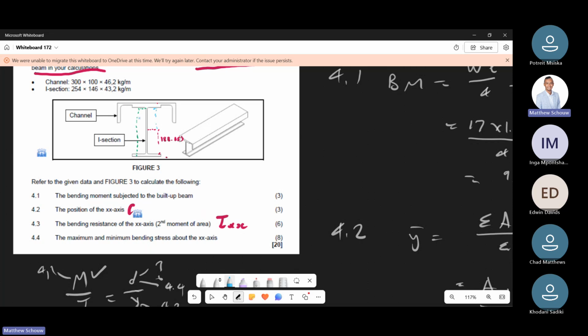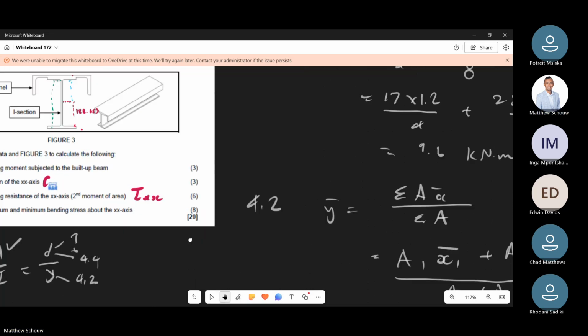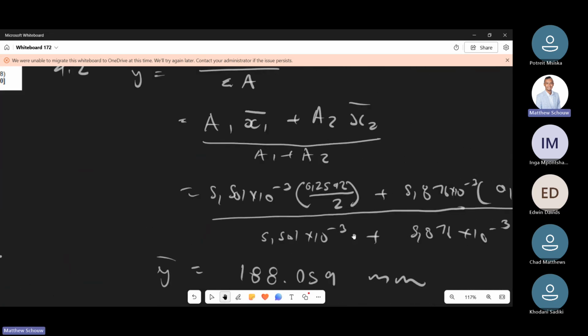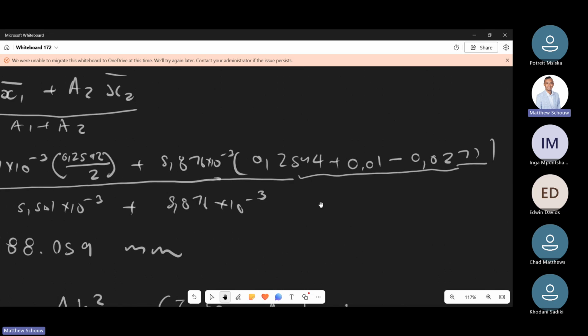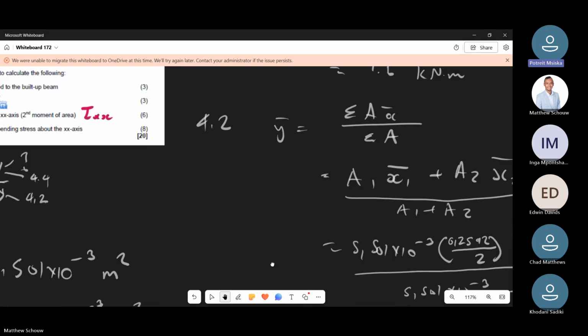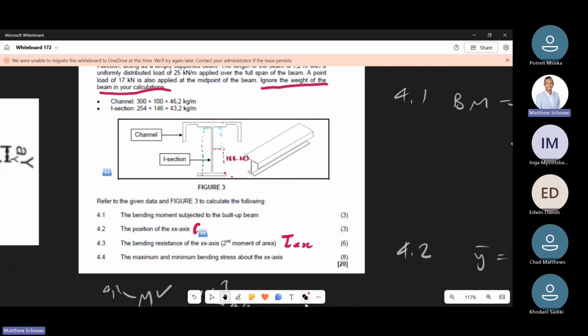I just need that value. Inge, can you quickly provide us that value? That value was 242.6 millimeters.